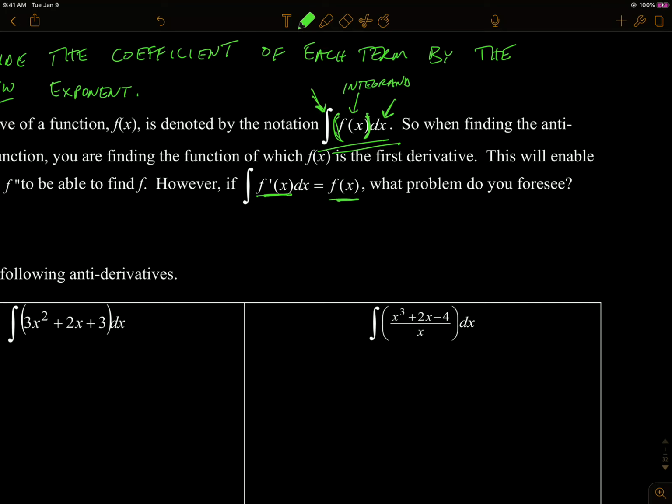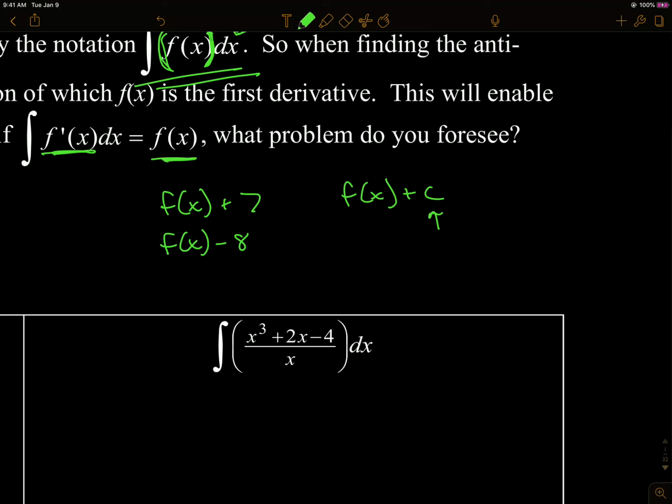The problem is that what we come across right away is it could have been f of x plus 7. It could have been f of x minus 8. It could be f of x plus any constant. So it could be any constant. We're going to call that constant the constant of integration. There's no way of knowing what it was.